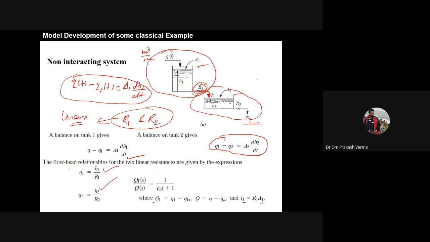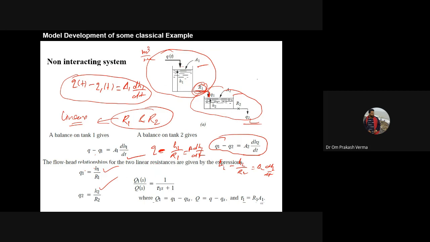Put the values here. Q minus H1 by R1 is equal to A1 dH1 by dt, and Q1 minus H2 by R2 is equal to A2 dH2 by dt. You can do this.